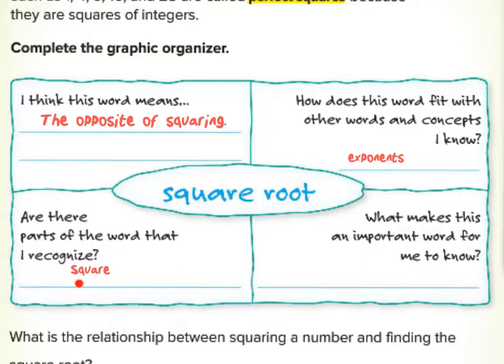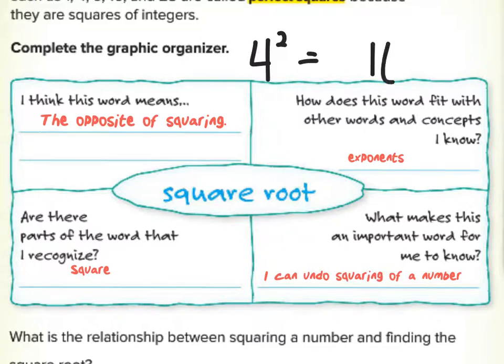We know that square means to the power of 2, or a number multiplied by itself. What makes this an important word for me to know? I guess it's important because I can undo squaring of a number. Just as I showed you, right? If I know that 4 to the power of 2 is 16, I can take this 16 and unsquare it to make it 4 to the power of 2.